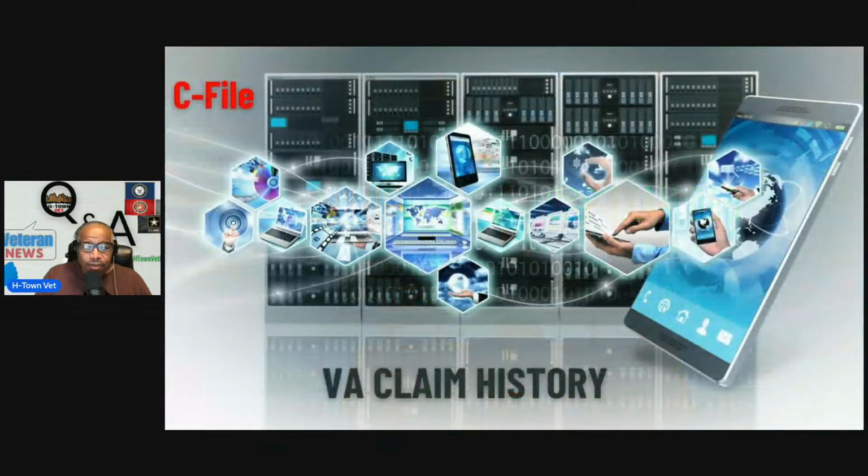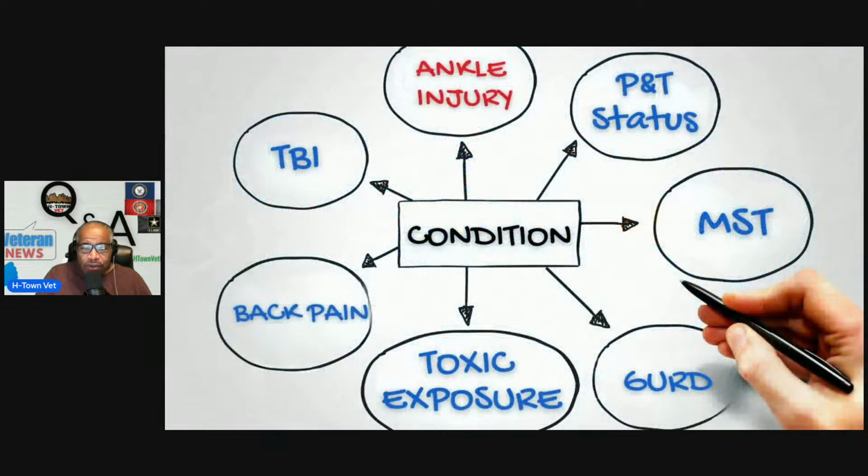Now, here we go. So anybody, whether they do a public DBQ or a CMP exam, they're supposed to look at your VA claim history. All right. Your C file. This is important, which is your VA claim history. Review it. And whatever conditions that you are claiming. Now listen, whether it's an ankle injury, toxic exposure, if it's something that's presumptive, that's another thing.